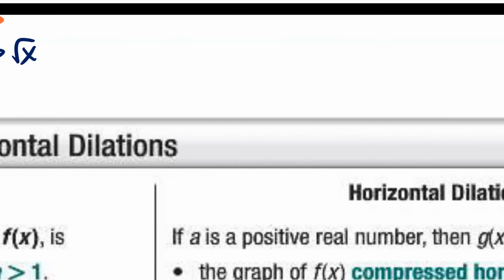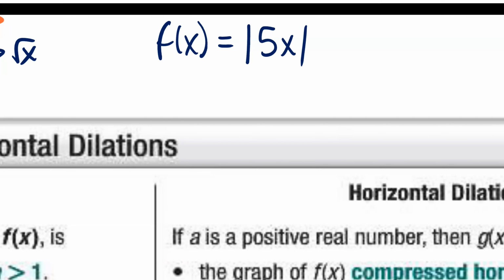What if I have something like this? Let's say f of x equals absolute value of 5x. This is a horizontal dilation because it's inside the absolute value. It's inside the parentheses. If it's the coefficient out front, not inside the parentheses, not inside the absolute value, it's vertical.